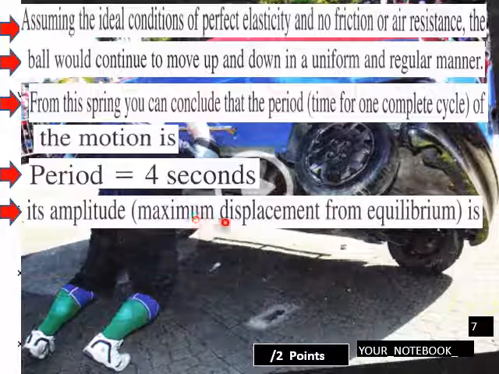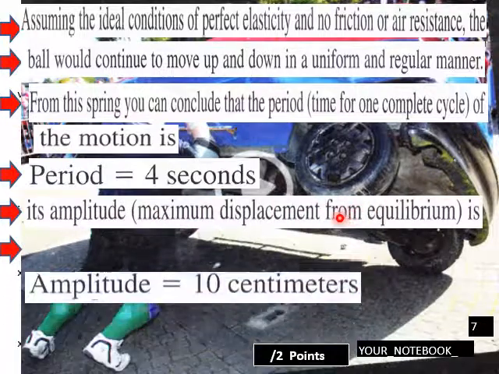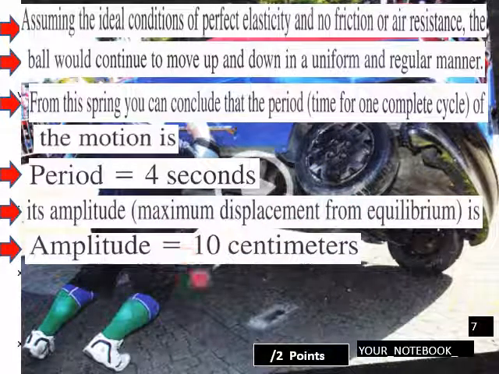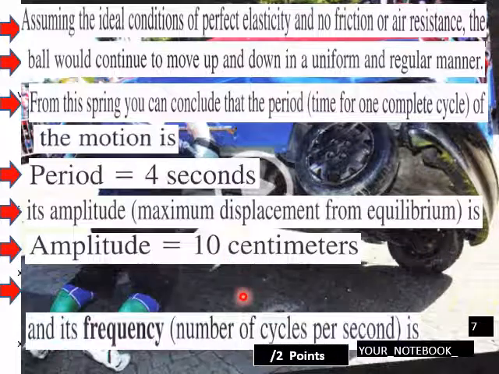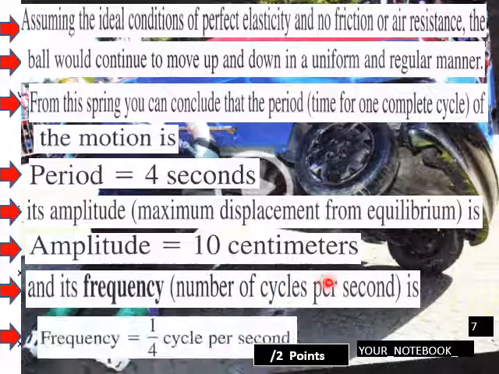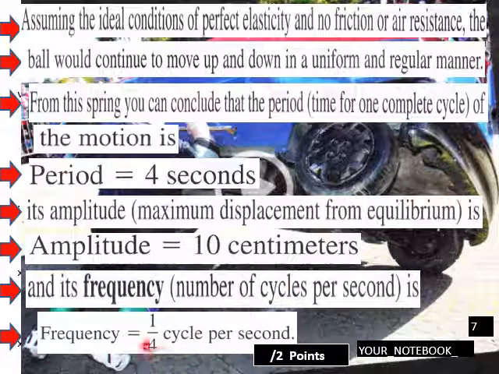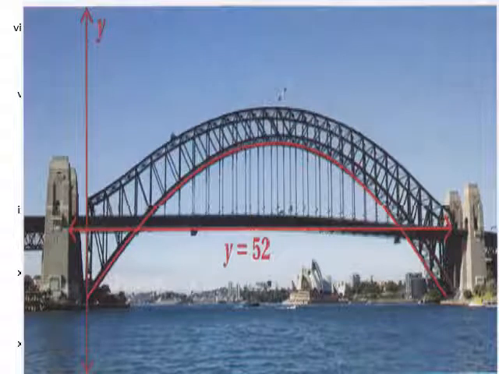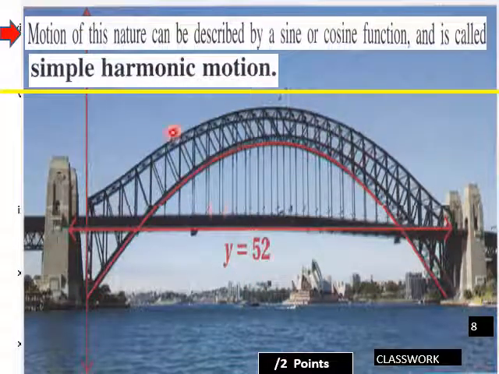Its amplitude, maximum displacement from equilibrium, is 10 centimeters. And its frequency, number of cycles per second, is frequency would equal 1 over 4 cycles per second. Got some stats there on that phenomenon.